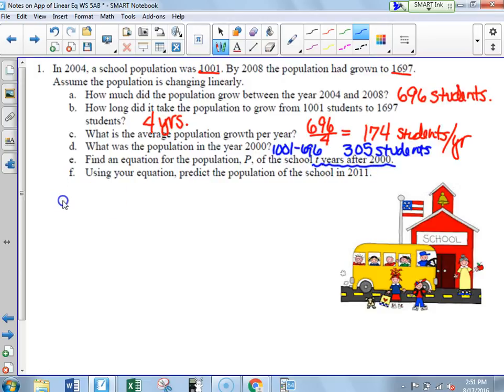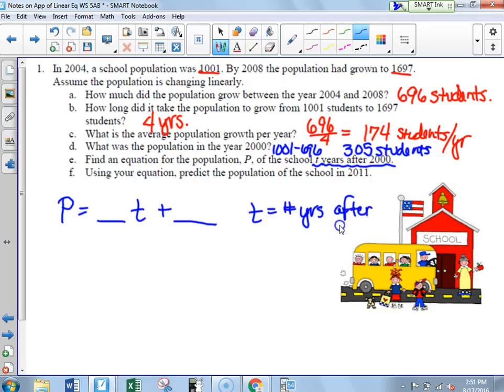So we're going to write a function P of the population is some slope times T plus some intercept or starting value where T equals number of years after 2000. So that's our answer.